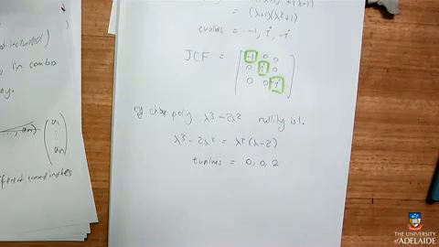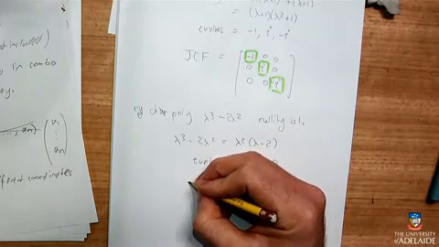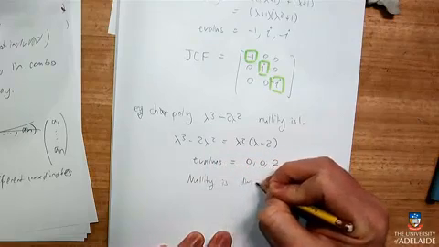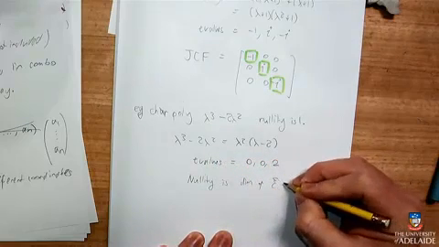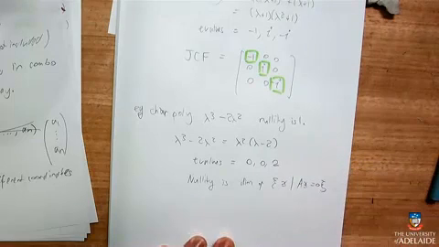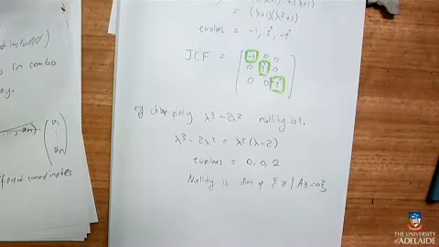And the nullity is 1. So the nullity is the dimension of this subspace, which is the eigenspace for 0.